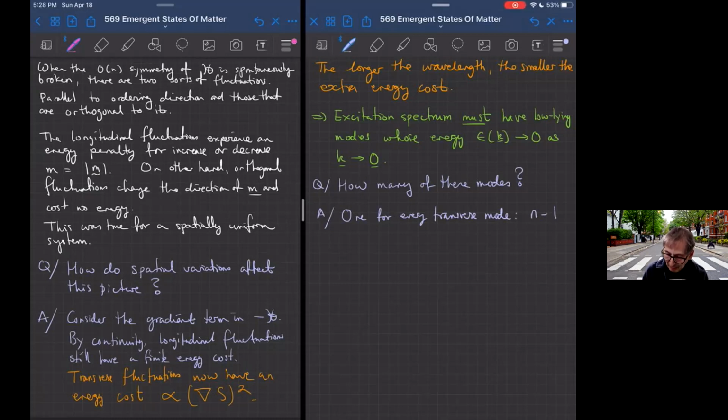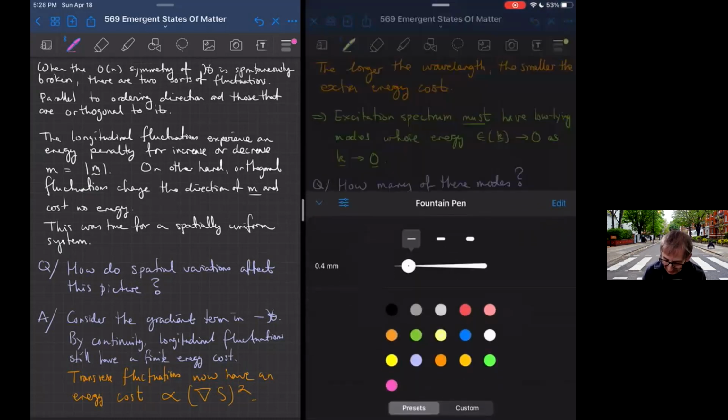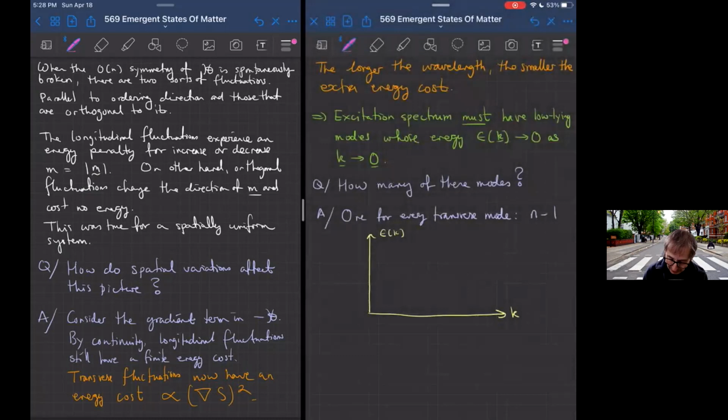So that means that when we write down the energy spectrum, it's going to look something like this. So here's k. Here are the low-lying modes, and there's going to be n-1 low-lying modes.